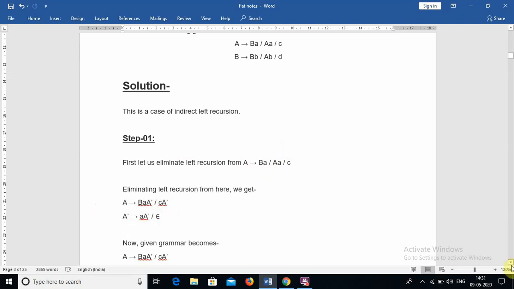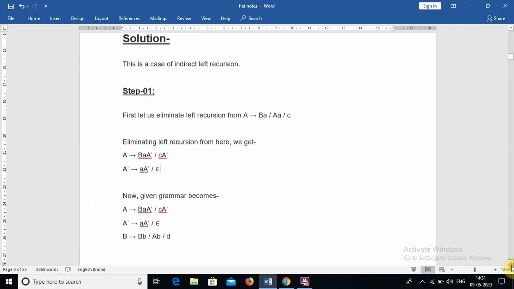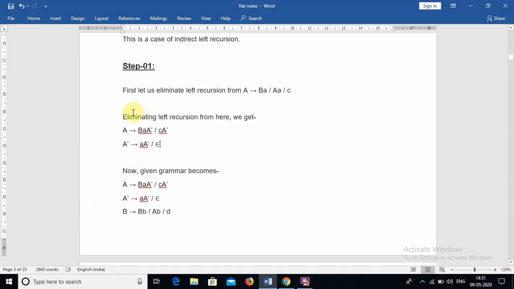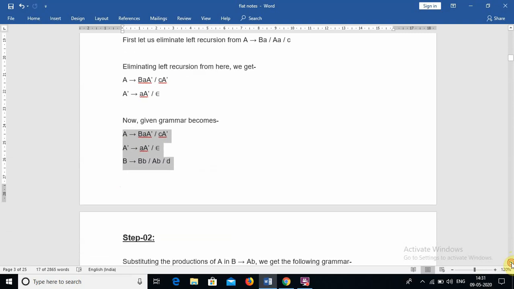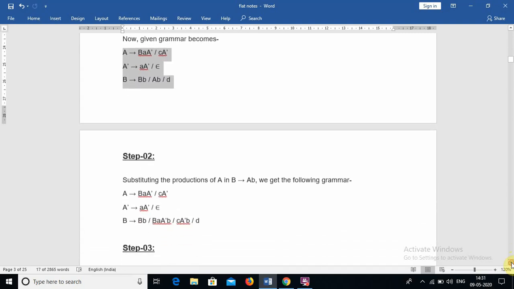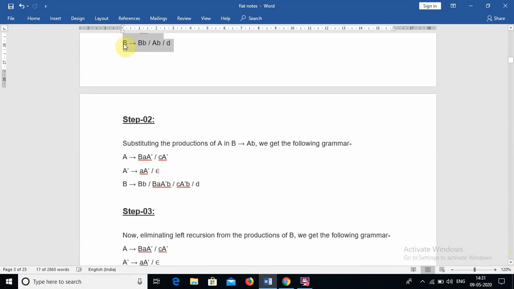Okay, so by combining the grammar with this production, the entire grammar is these production rules added and B. At this step we have this grammar, three production rules. Again we have a left recursion in the B production rule, right? So B to BB, so we have to eliminate it.